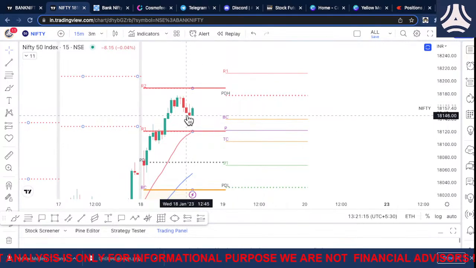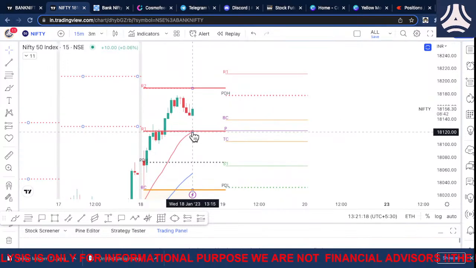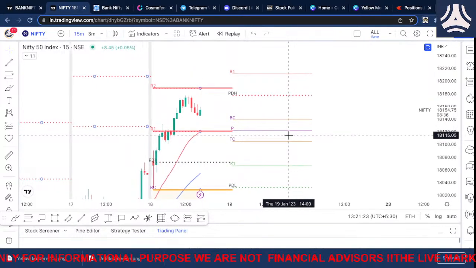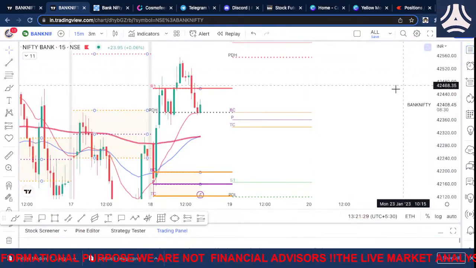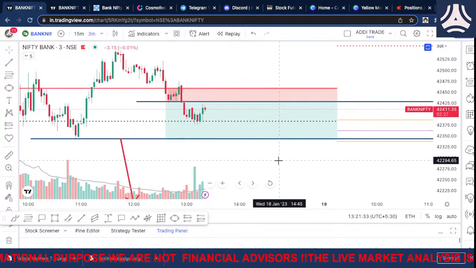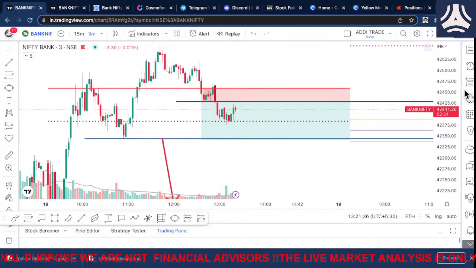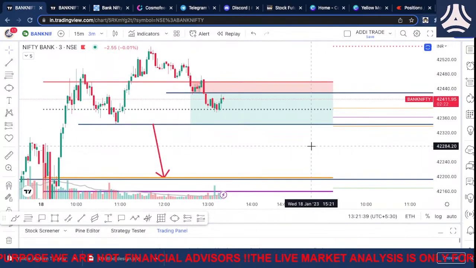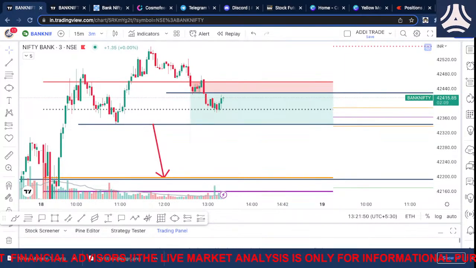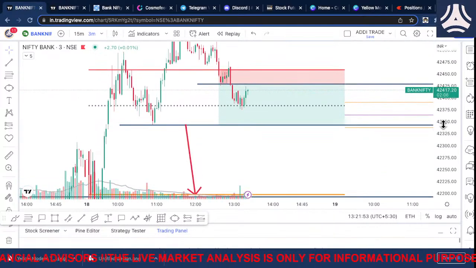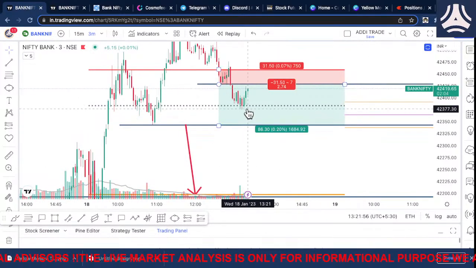Probably Nifty, if this low breaks, right, we could see on this 15 minutes probably the price touching this 20 EMA at 18,120. So this is a good bounce from this previous day high.